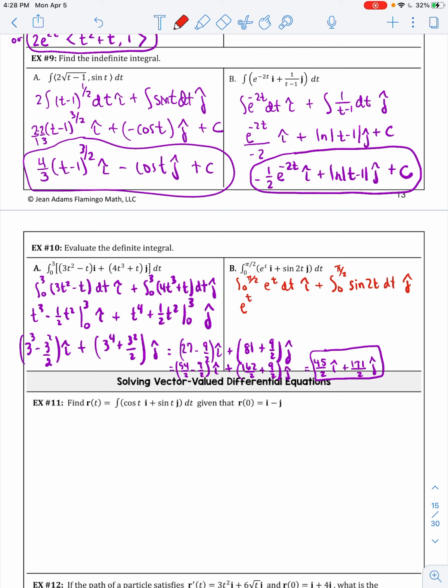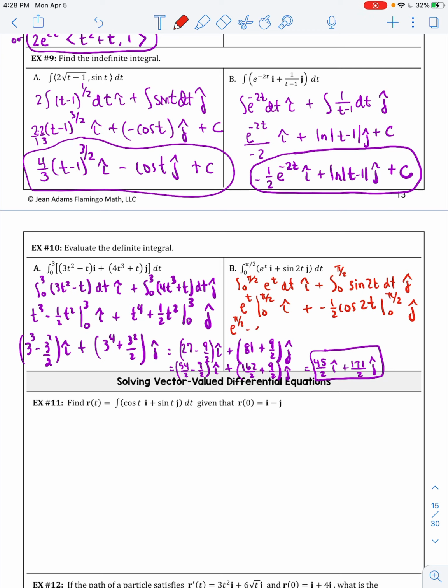And this would be e to the t from 0 to pi over 2 i plus this one is going to be negative 1/2 cosine 2t from 0 to pi over 2 times j.